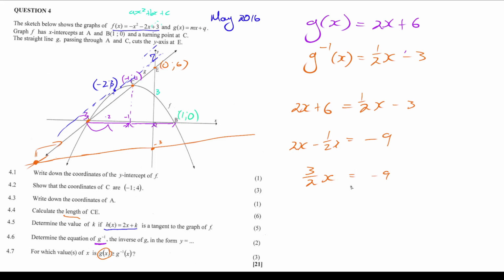For those of you who want to be on a calculator, you can say 1.5x equals -9, and then you divide by 1.5, divide by 1.5. For those of you who are a little more comfortable with fractions, this becomes -9 times the reciprocal, 2 over 3, so x is equal to -6. There we go.